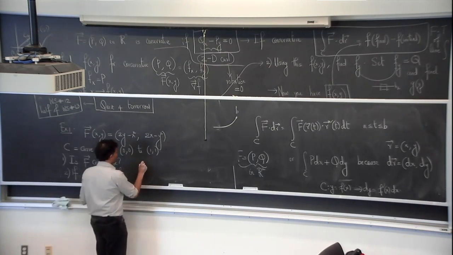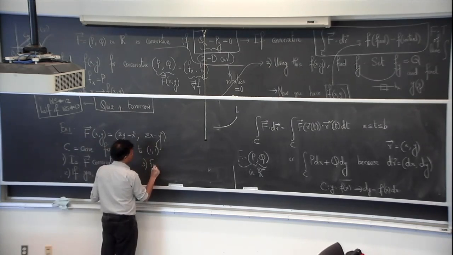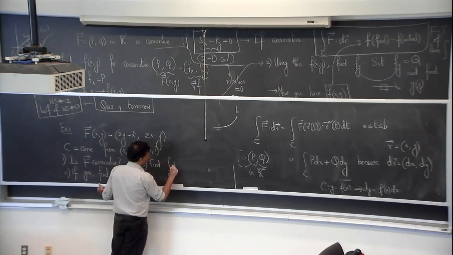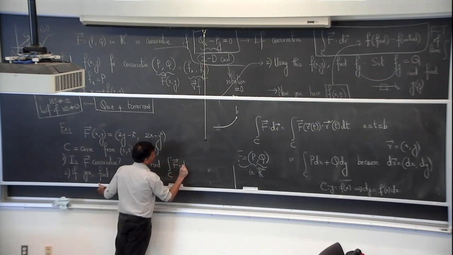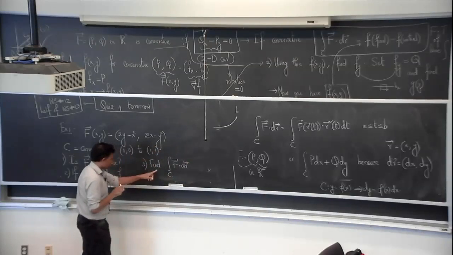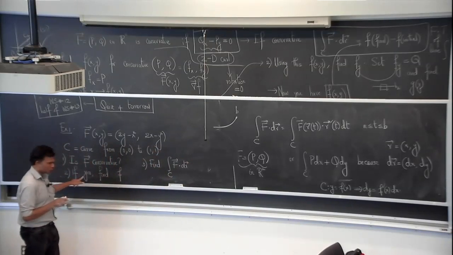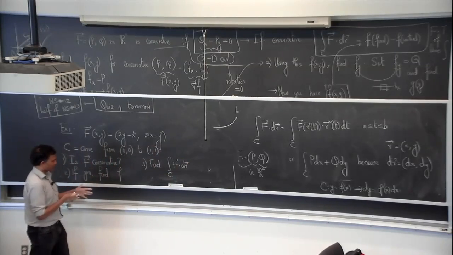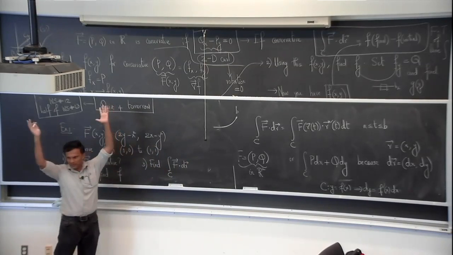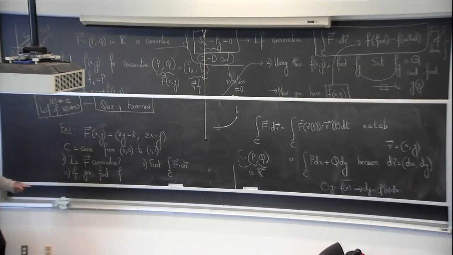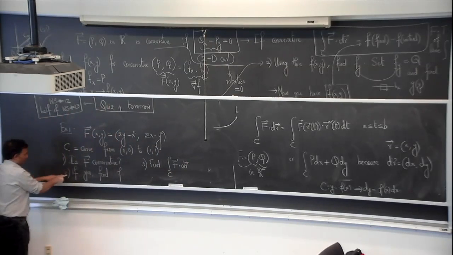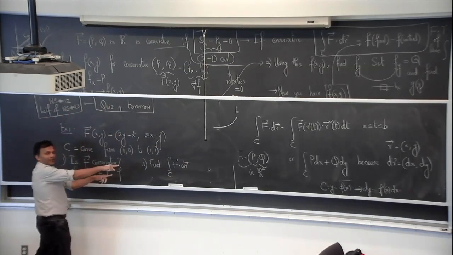And part 3, find the integral along C of f dot dr. When you see this third question along with questions 1 and 2, you should know that these things are related. So don't start integrating this in a completely different way. The whole point is that 1 leads to 2, 2 leads to 3.